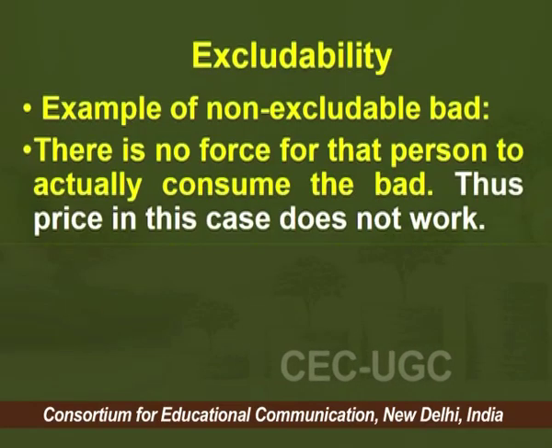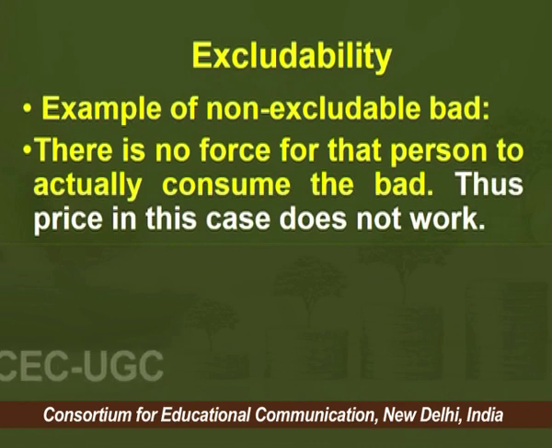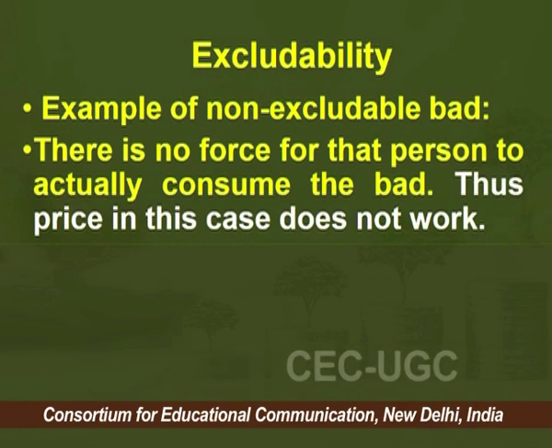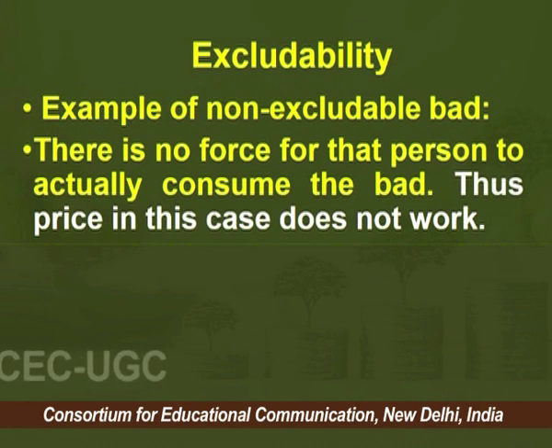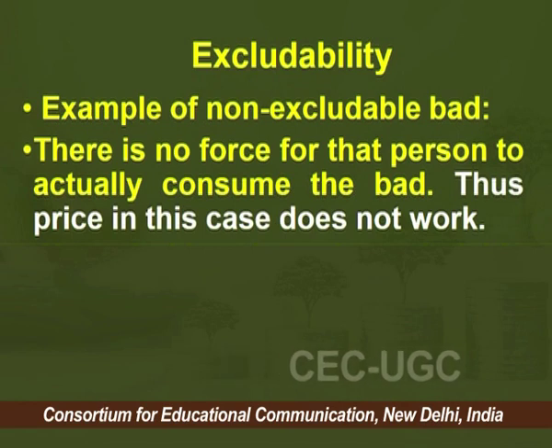There is no force for that person to actually consume or reduce the garbage. Thus, price in this case does not work. Putting a price on such a garbage system is not working because it is an ethical call from within.